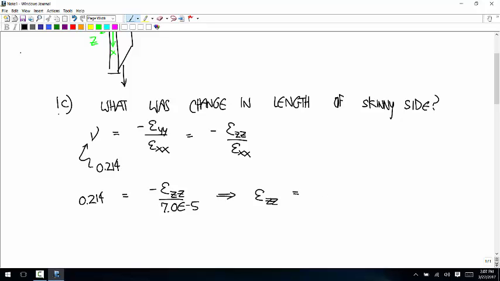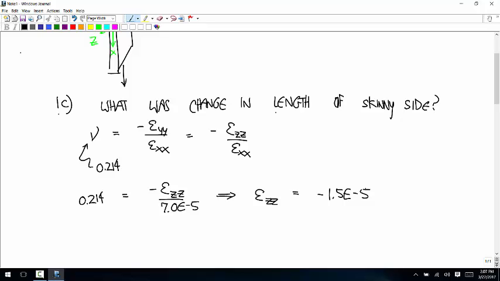Okay, so strain EZZ is the same as strain EYY, and what is it? Negative 1.5 times 10 to the negative what? 5. Okay, that's not e to the negative 5, by the way, it's e negative 5. So don't say that.